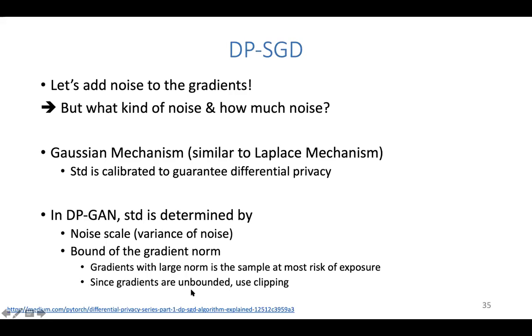But potentially gradients are unbounded. A gradient could be negative infinity or positive infinity in theory. So in order to provide the bound of the gradient norm, DP-SGD simply clips the norm of the gradient at each iteration, each gradient update step. And how much you want to clip the gradient norm by is just a hyperparameter. You can use whichever value. You could use 2 or 3 or 5 or 10, whatever.